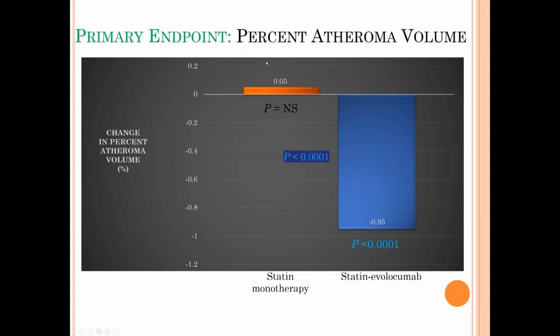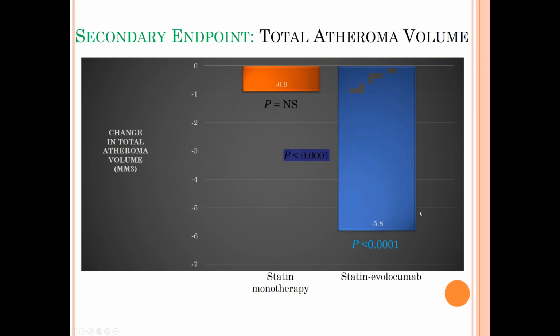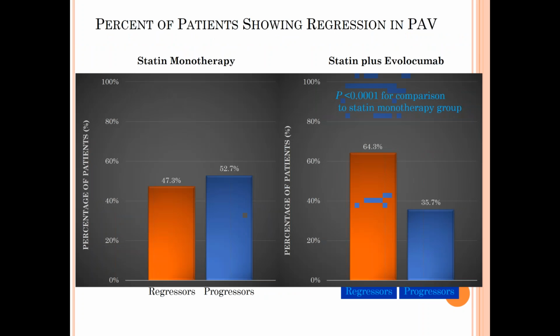And looking at their primary endpoint, which was percent atheroma volume, there was no significant change in the statin group versus a huge decrease in the evolocumab group. And again, change in total atheroma volume, no significant change in the statin group versus close to 6% in the evolocumab group, which is also statistically significant.